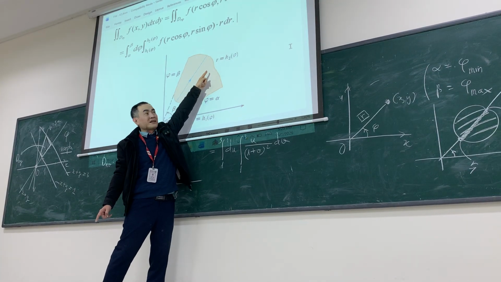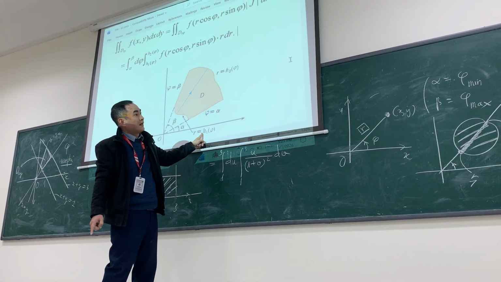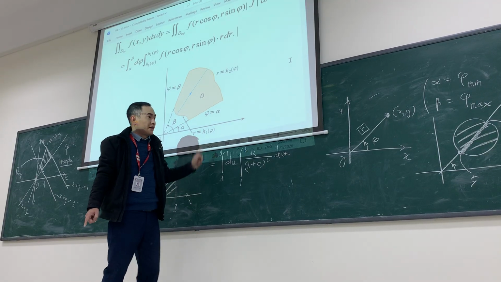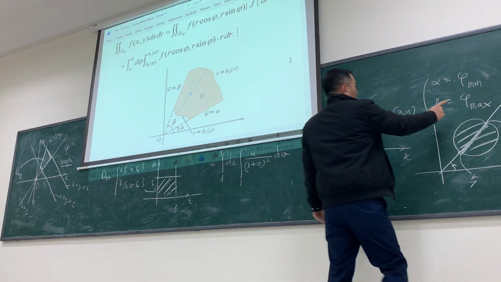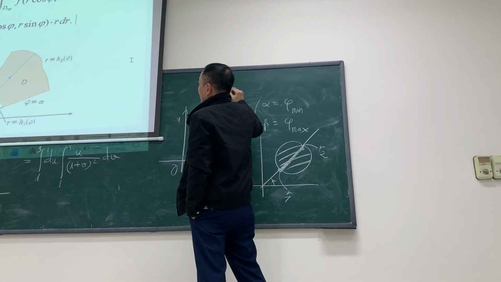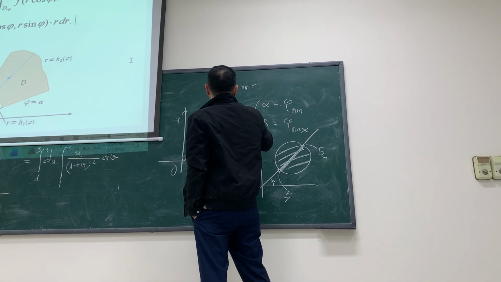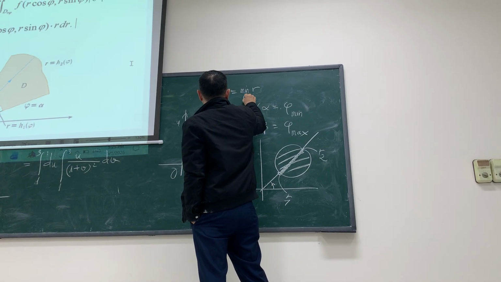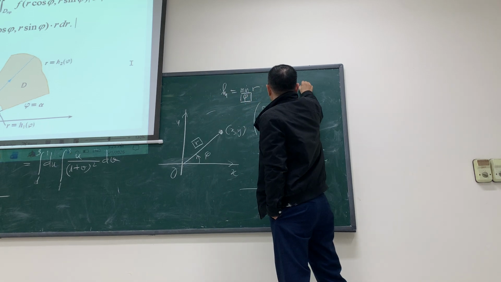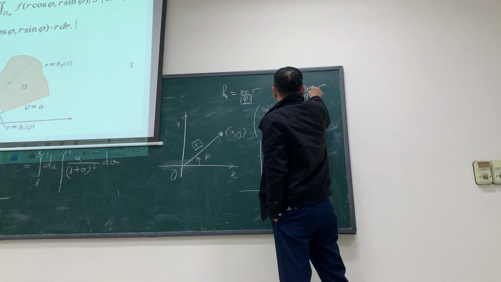Vậy r dưới này thực ra là min của r khi phi cố định. Ở đây các bạn ghi thêm: h1 sẽ bằng min của r trong trường hợp phi cố định, và h2 bằng max của r khi phi cố định.